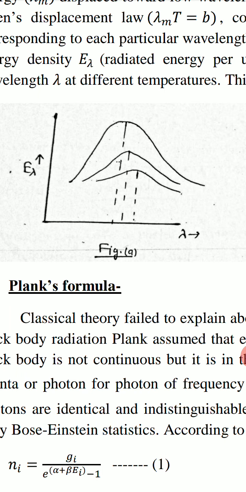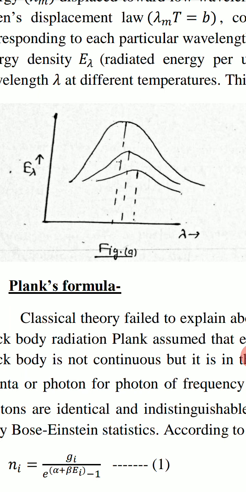And if we consider a small wavelength range, lambda to lambda plus d lambda, which is very small. So for wavelength lambda, if we consider this small range lambda to lambda plus d lambda, then we write E lambda d lambda equal to energy density, that is energy upon volume.